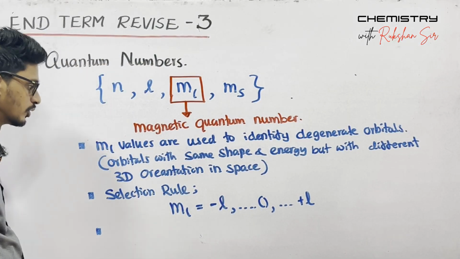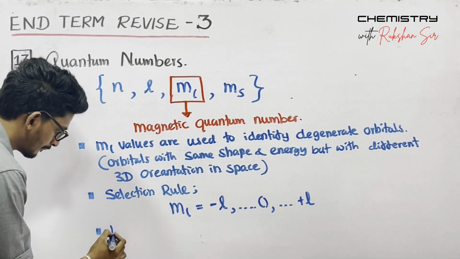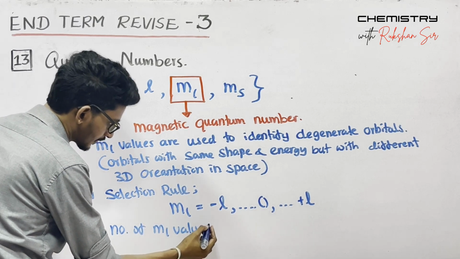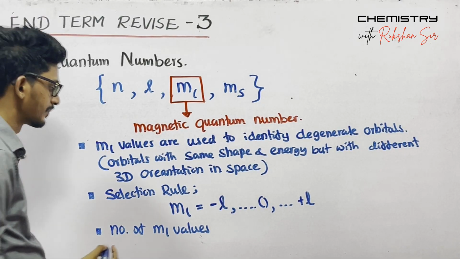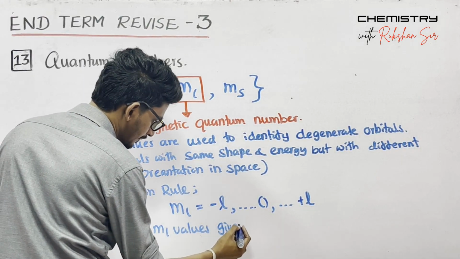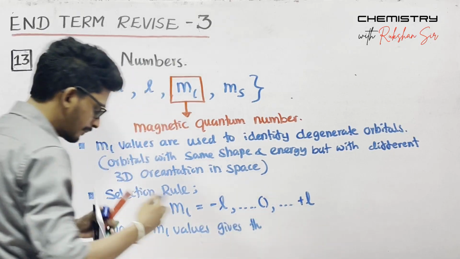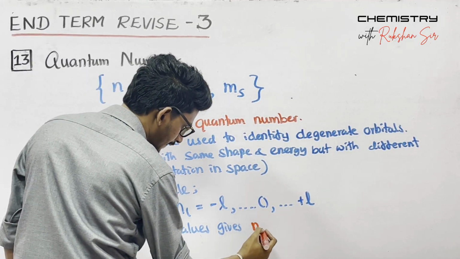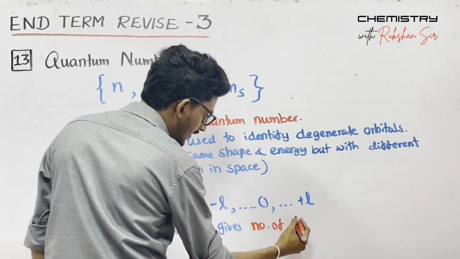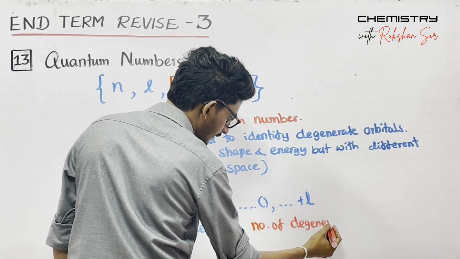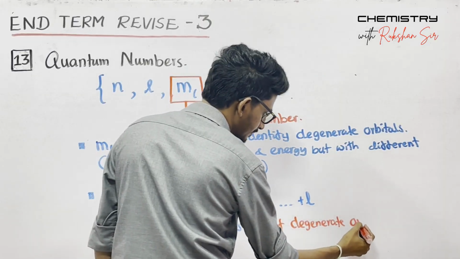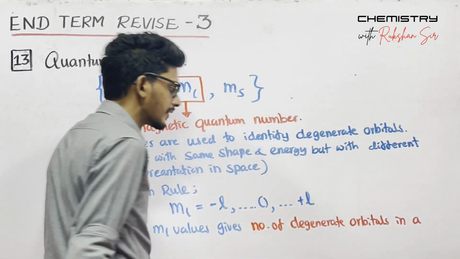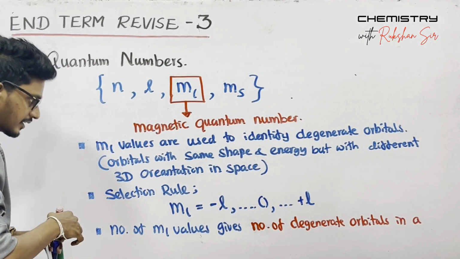What else should we know? The number of ML values gives the number of orbitals, the number of degenerate orbitals, in a considered subshell.